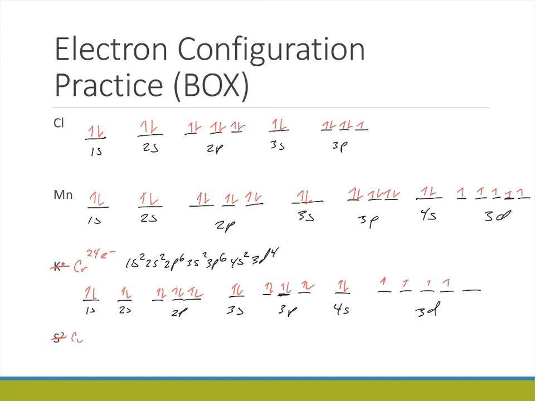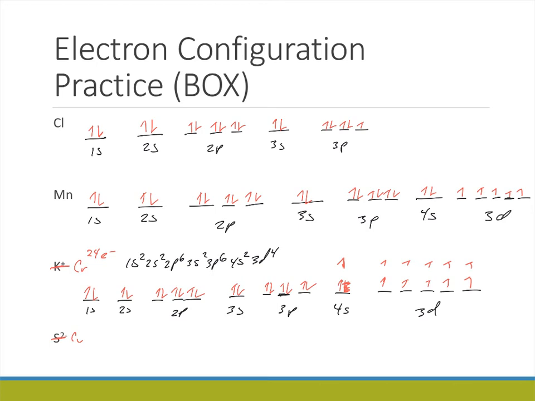So what ends up happening is this electron here ends up being promoted to the 3d. So instead of having this electron here, we end up moving it there. So what we end up with is 5 unpaired electrons in the d and 1 in the 4s.